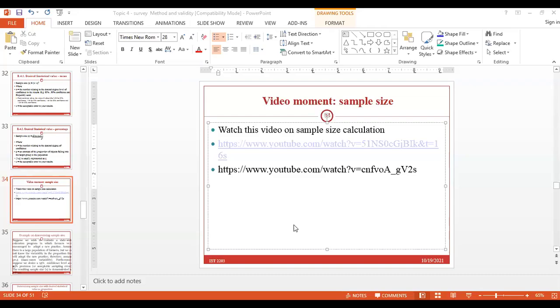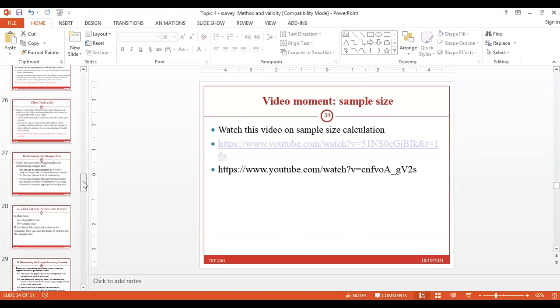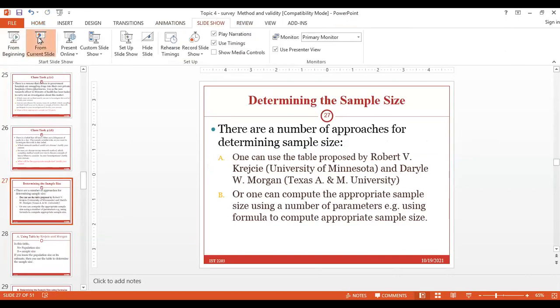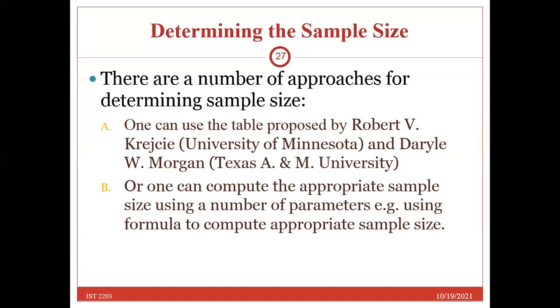So we finish up this. Like I said, I think we have only 30 more minutes together. Just a few more slides here on sample size calculation. So after you have decided that this is a sampling method I will use, you need the sample size.